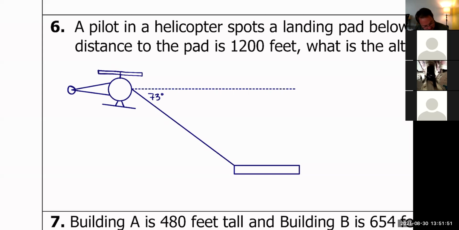We know that his horizontal distance is 1,200 feet. So I'm actually going to sketch this down to here. Of course, it didn't line up.